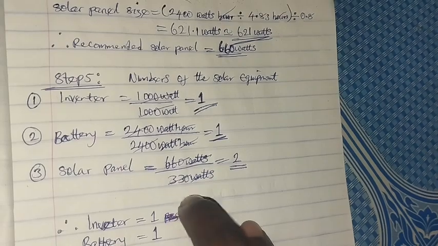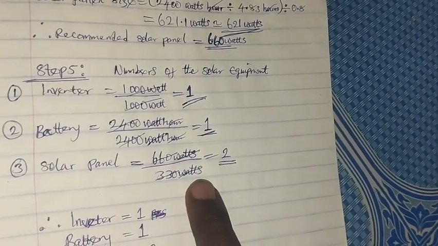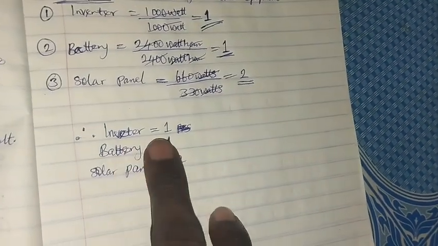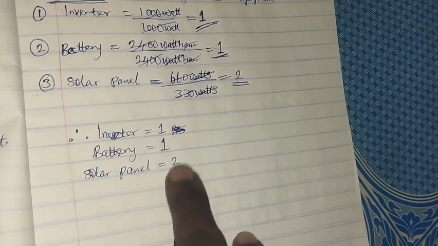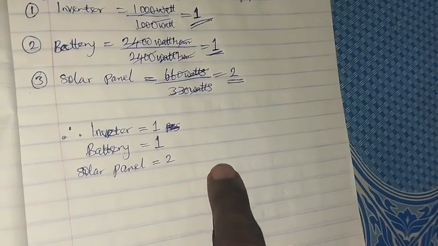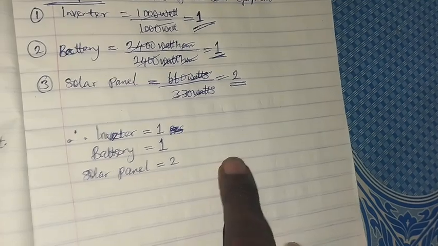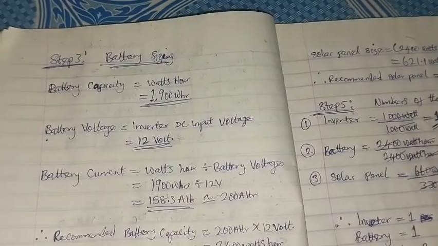But since we have 330 watts, we now say 660 watts divided by 330 is equal to 2. So therefore our inverter is 1 piece, battery 1 piece, solar panel is going to be 2 pieces, that is 2 of 330 watts. By this, I hope you can be able to size your solar system for your installation.